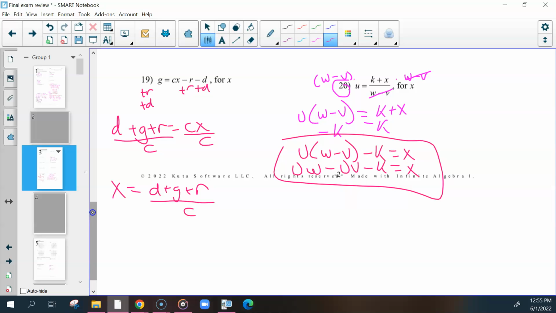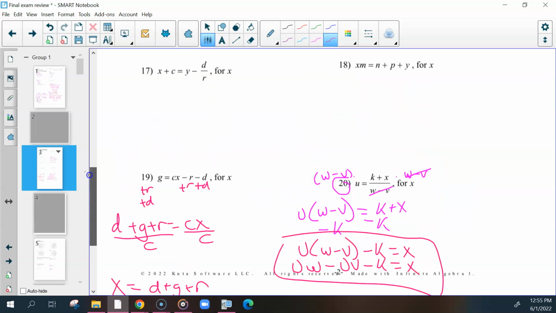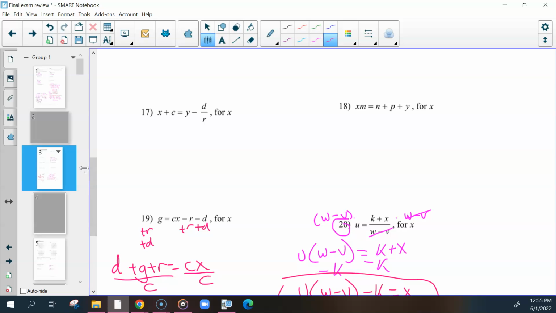Page 17. That looks complex, but because we're asked to just find x, all we really need to do is move c over. Some of these look more complex than they really are.